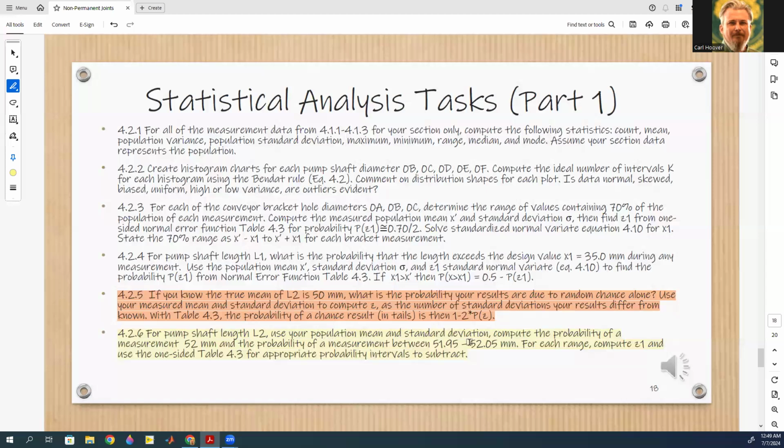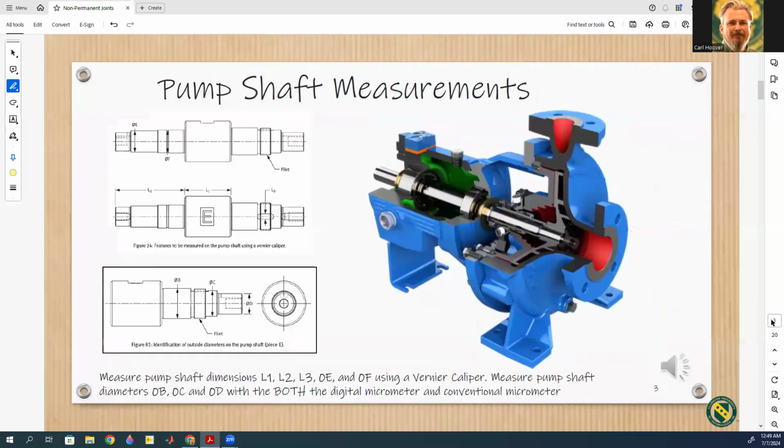So compute the probability of a measurement of 52 millimeters and the probability of a measurement between 51.95 and 52.05. Okay, and so I think what we're really after here is the probability of at least 52 millimeters. If we go back and look at the original shaft, we have L2, which is this end measurement here, this length from here to here.